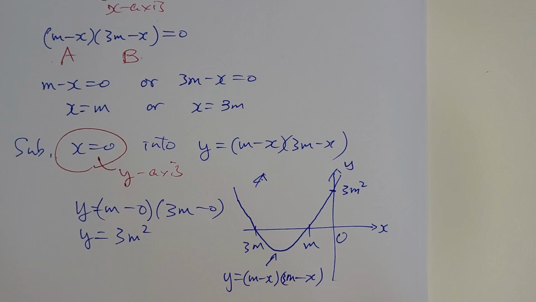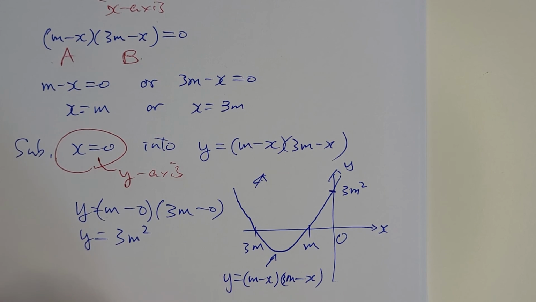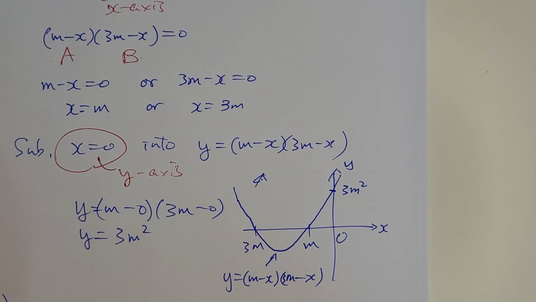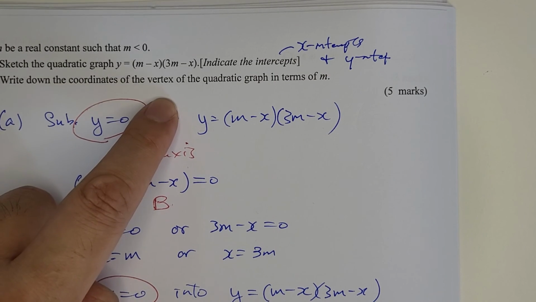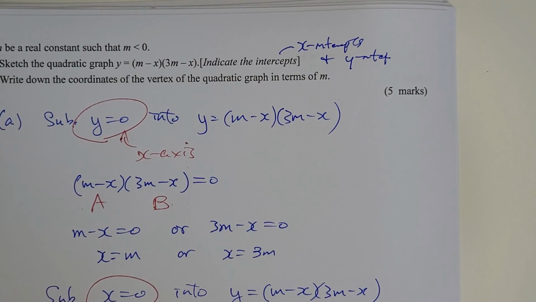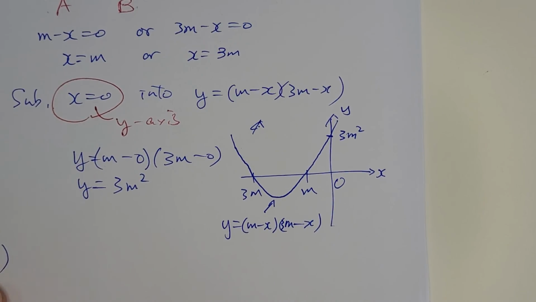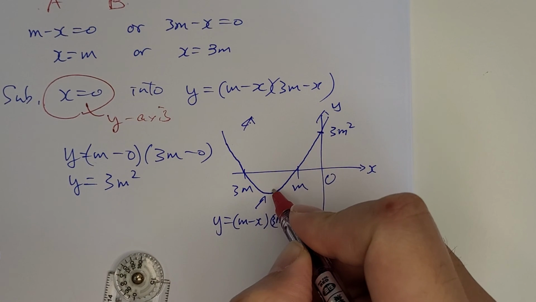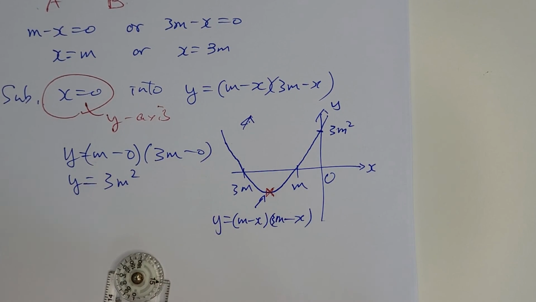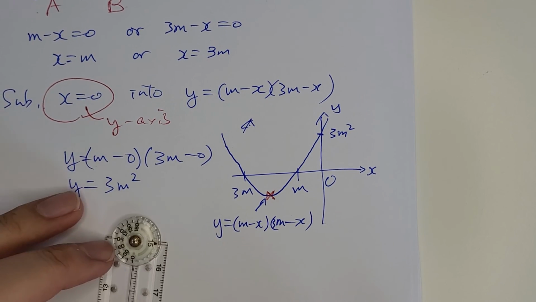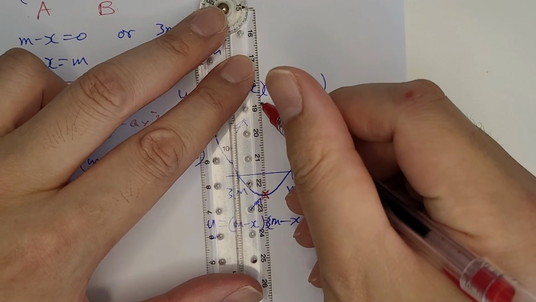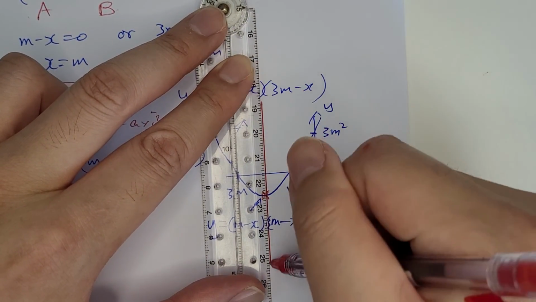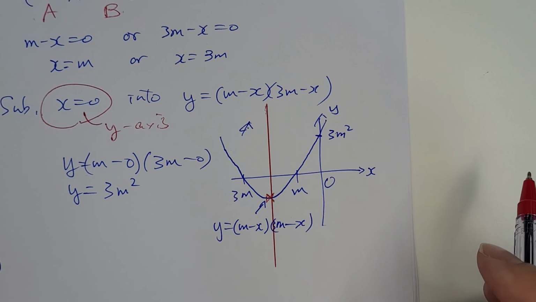That is the graph. And part B, you need to write down the coordinates of the vertex of the quadratic graph in terms of m, of course. The key point is you need to know the position of the vertex. It's something like the middle part of the quadratic curve. What does that mean?